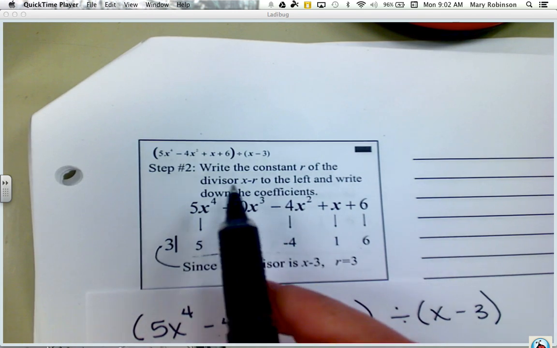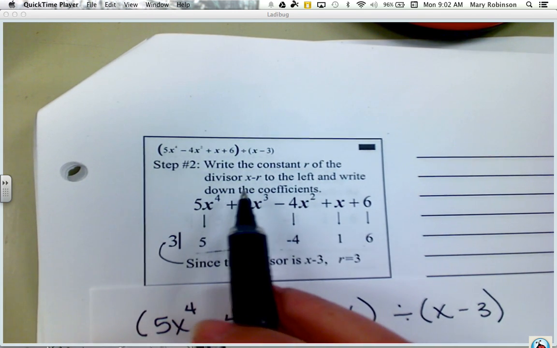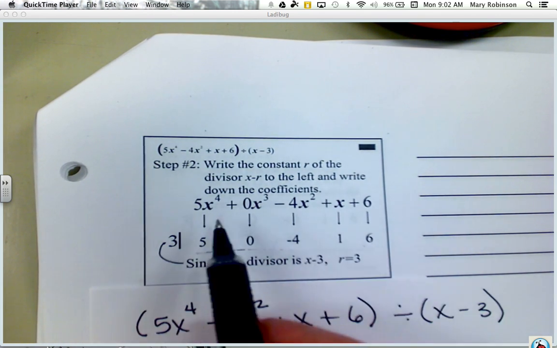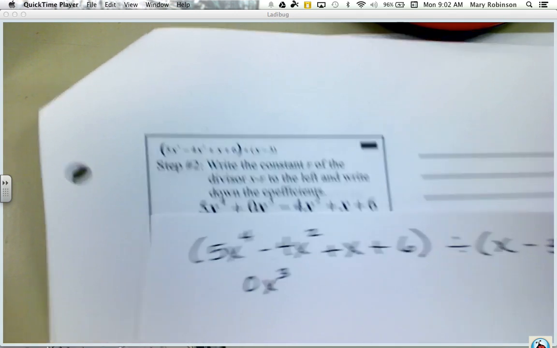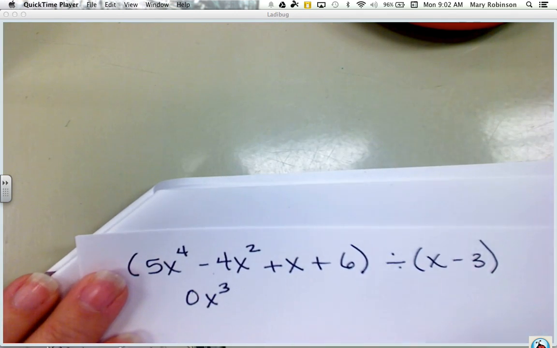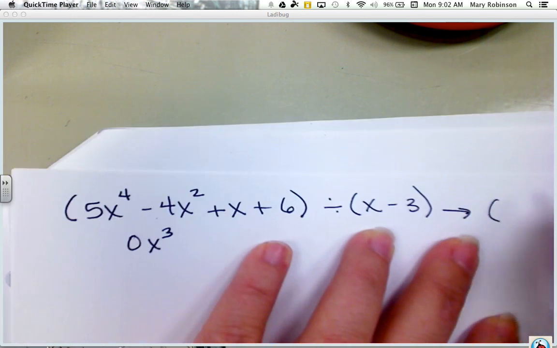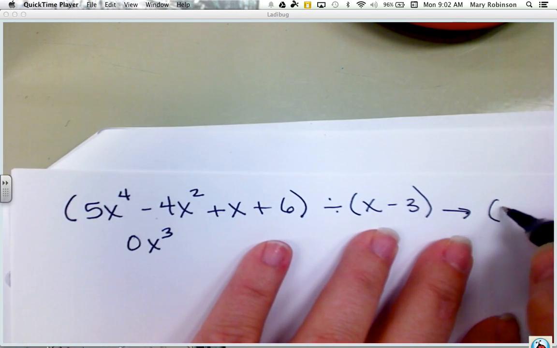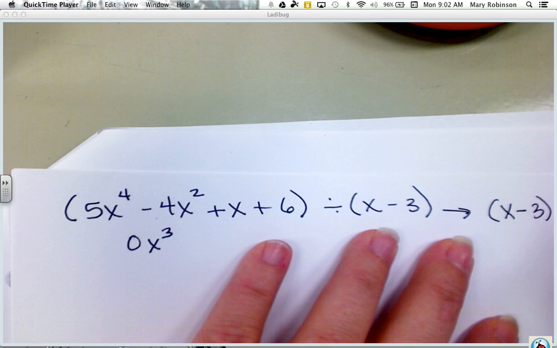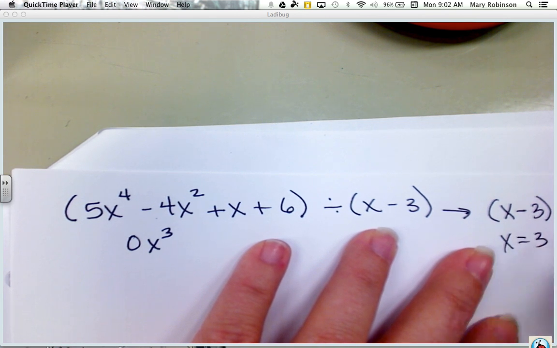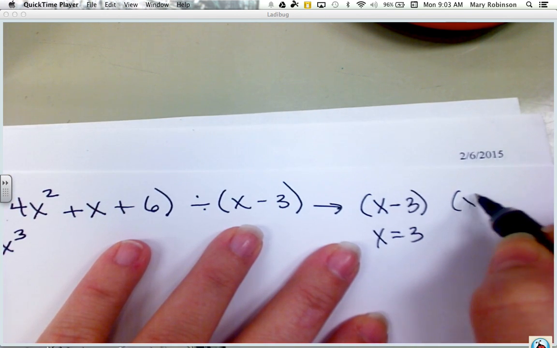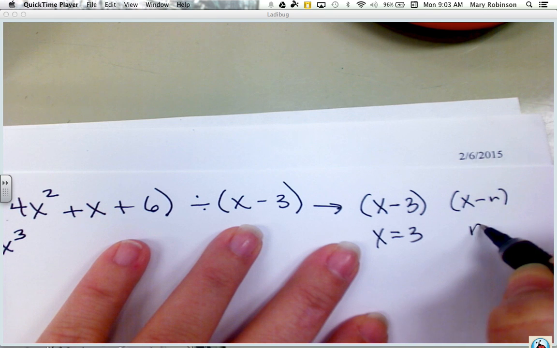So step 2 here: write the constant r of the divisor x minus r to the left and write down the coefficients. If you remember about factors of polynomials, if you have x minus 3 as a factor, then x equals 3. So that's what they're talking about when they say x minus r, write down r.